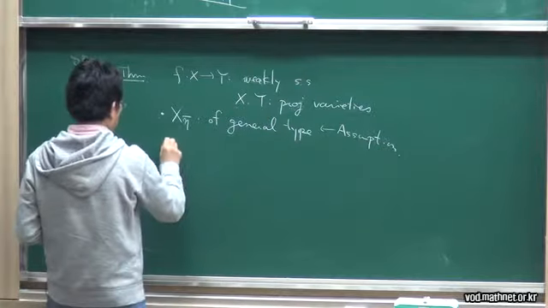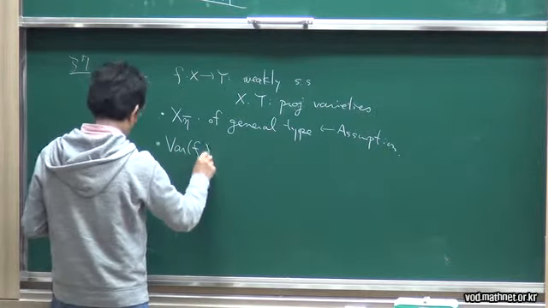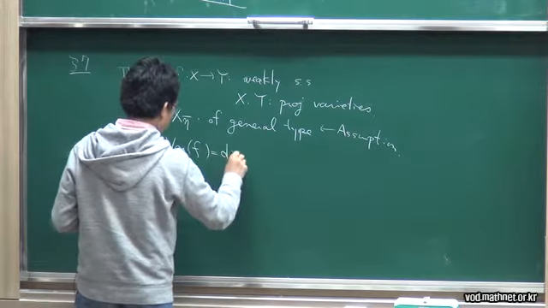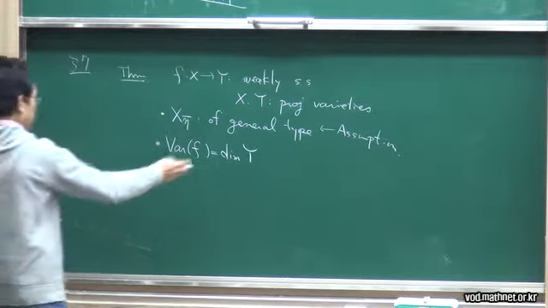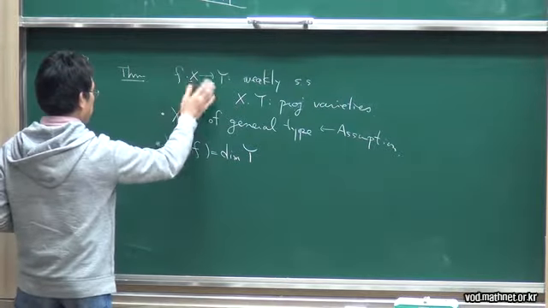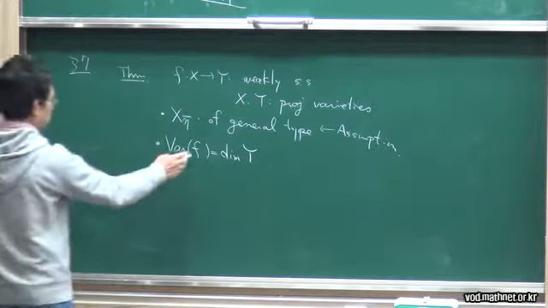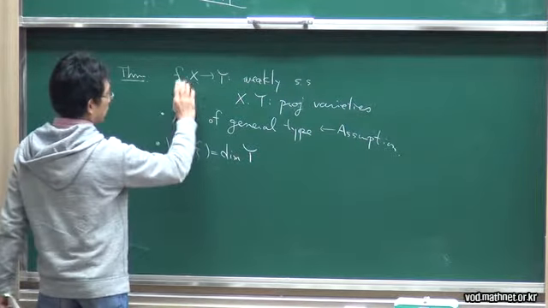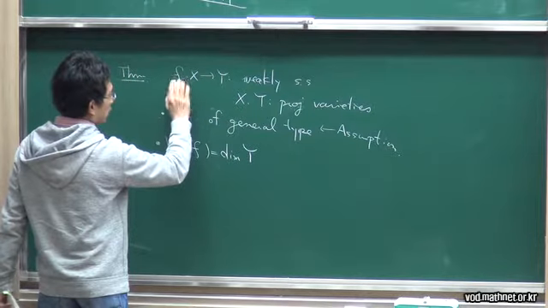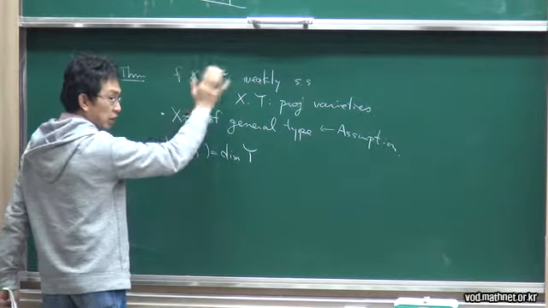And we assume, this is also an assumption, the variation Var(f) equals dim Y. Okay, this condition is sometimes called f has maximal variation. Sorry, I omit the precise definition of this one, but this means this model has non-trivial moduli in any direction.